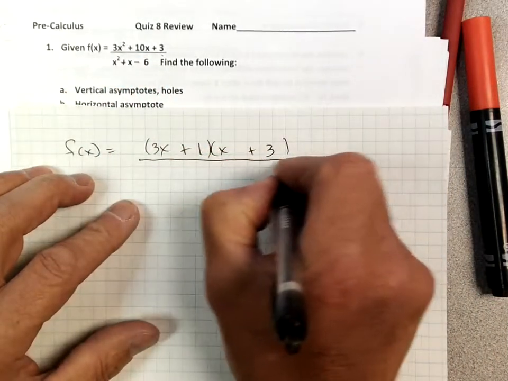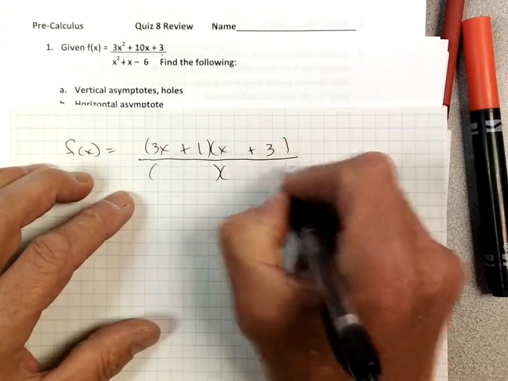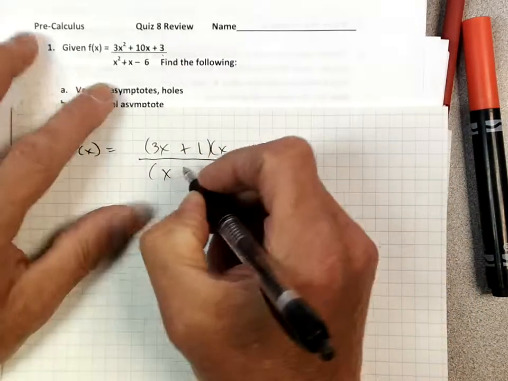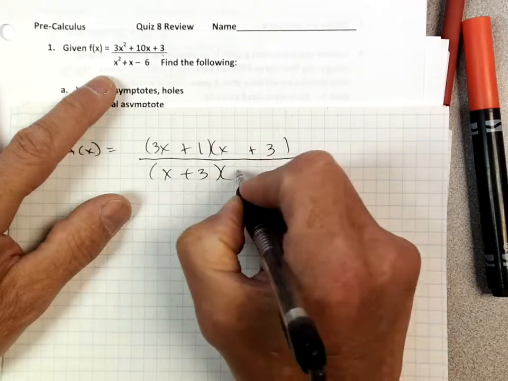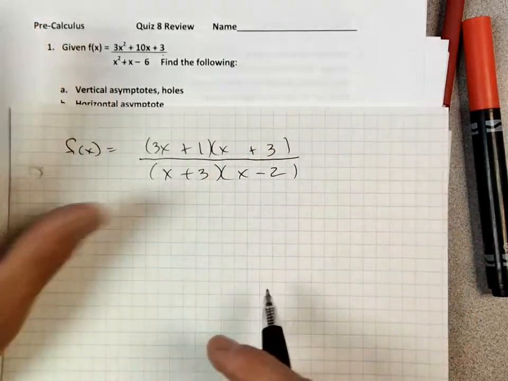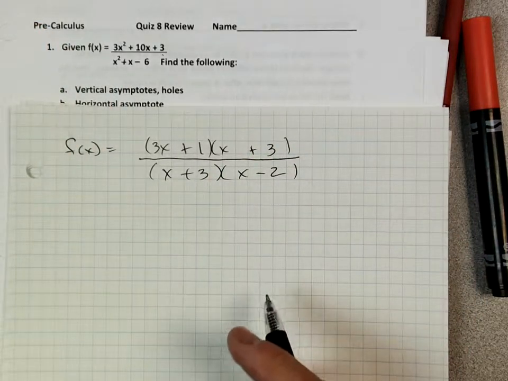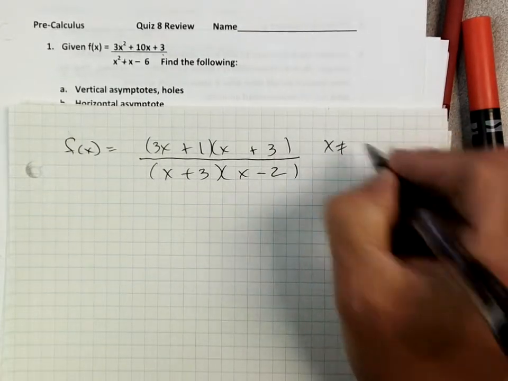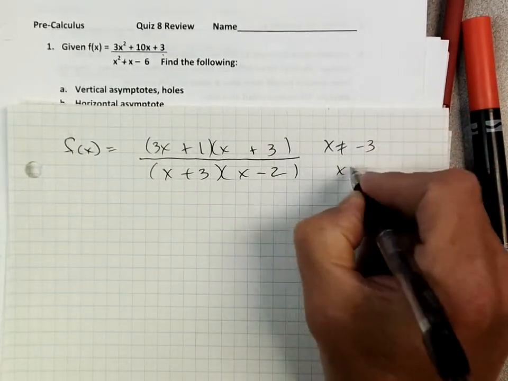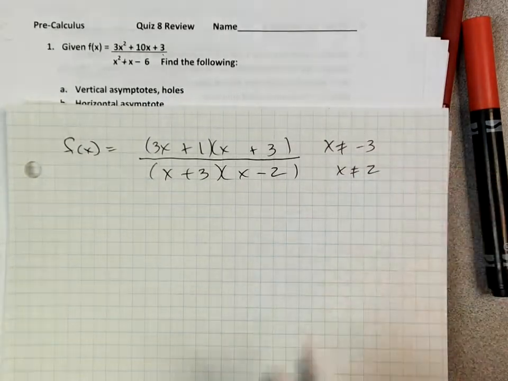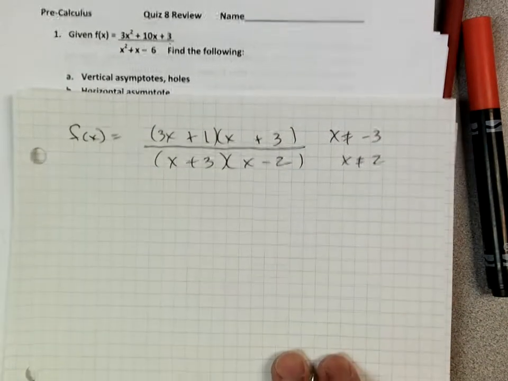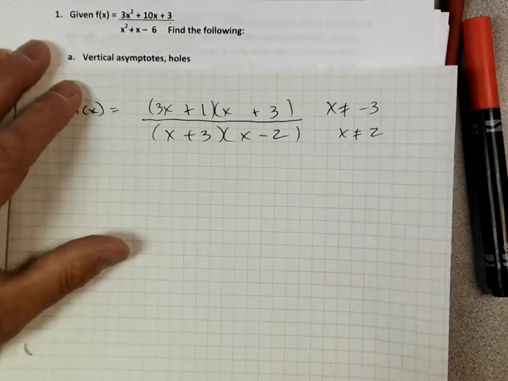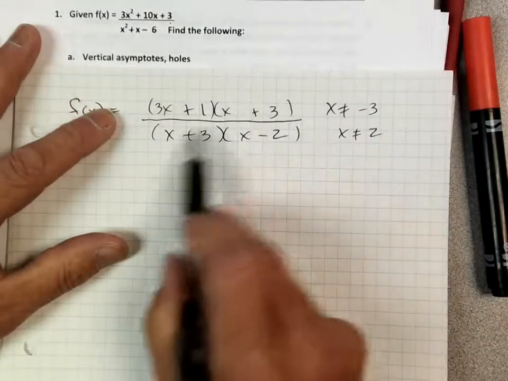Let's factor the denominator. Alright, so we're going to have an x plus 3 and an x minus 2. Now, here's what I know. x cannot equal negative 3, and x cannot equal 2. But one of the things I notice is that the x plus 3 is removable.